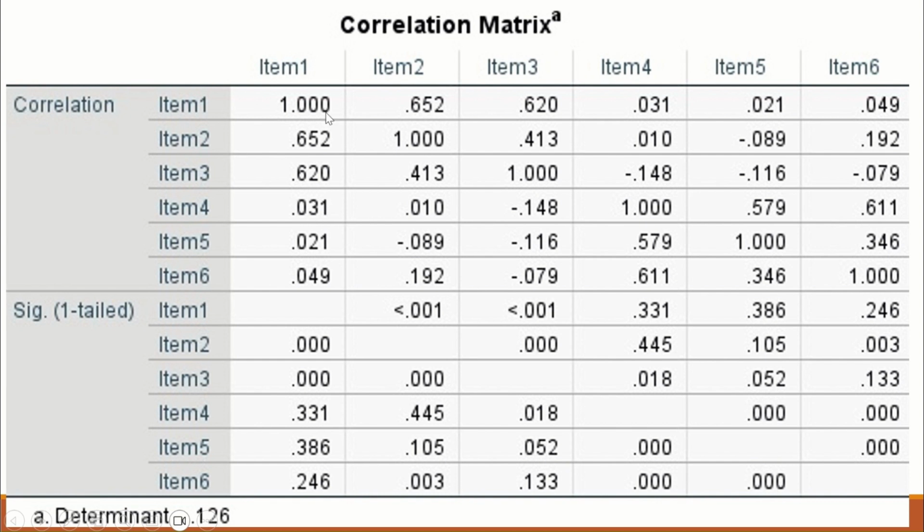So item number 4 is weakly correlated with item 1, and item 1 and 5 is less than 0.3. So the correlation values between pairwise items need to be examined and checked, and the p-value given here should be less than 0.05 for significance, and the determinant has to be greater than 0.40 and 1.